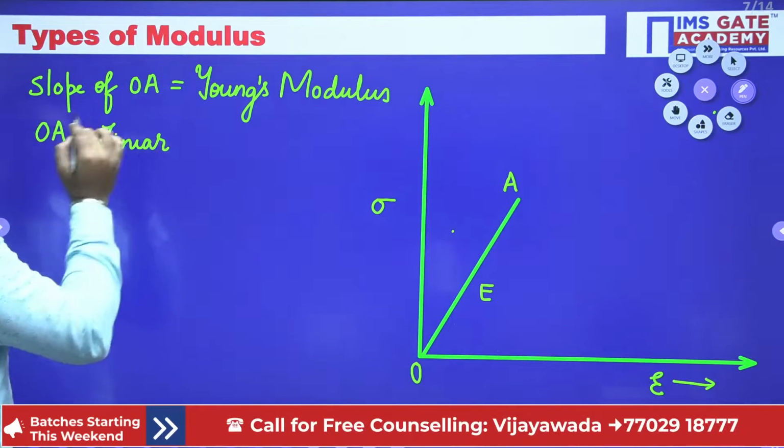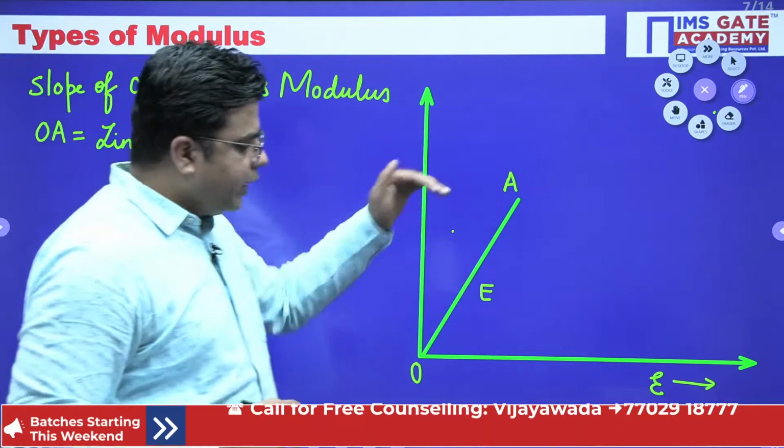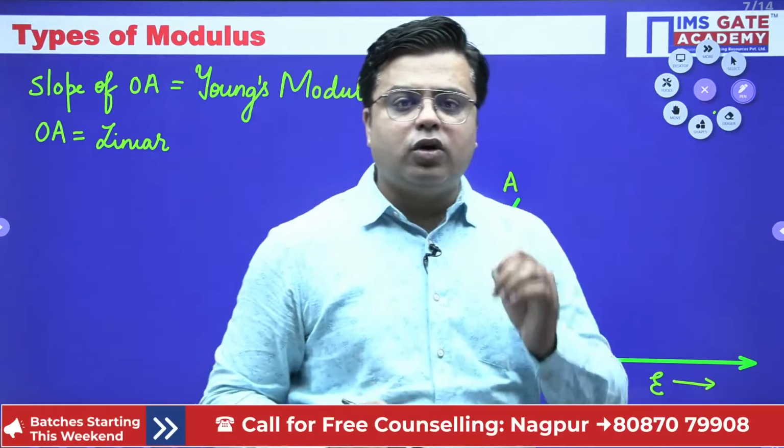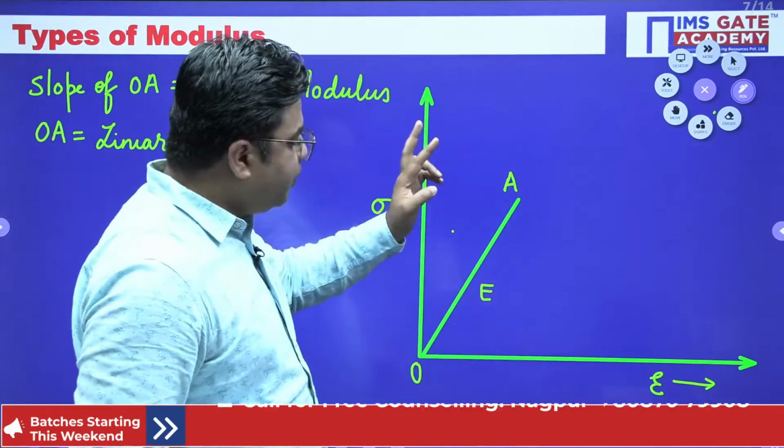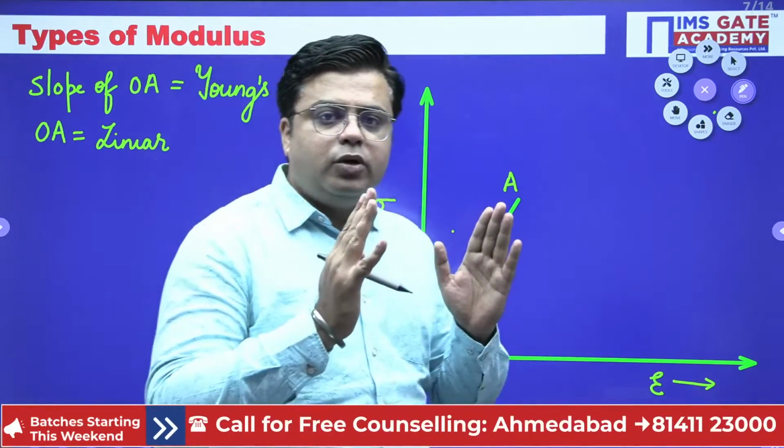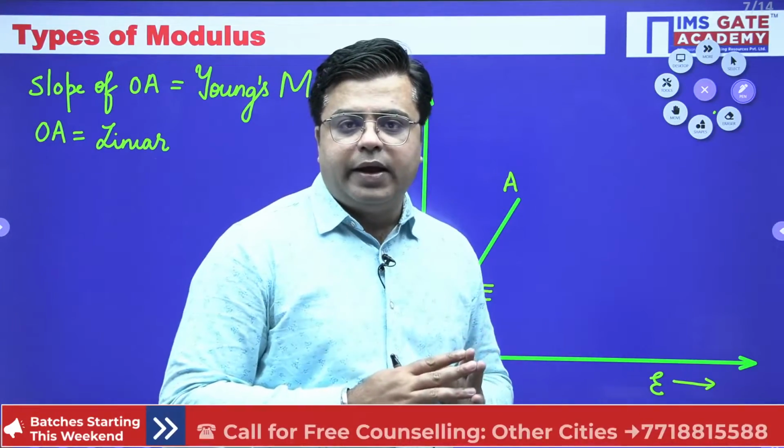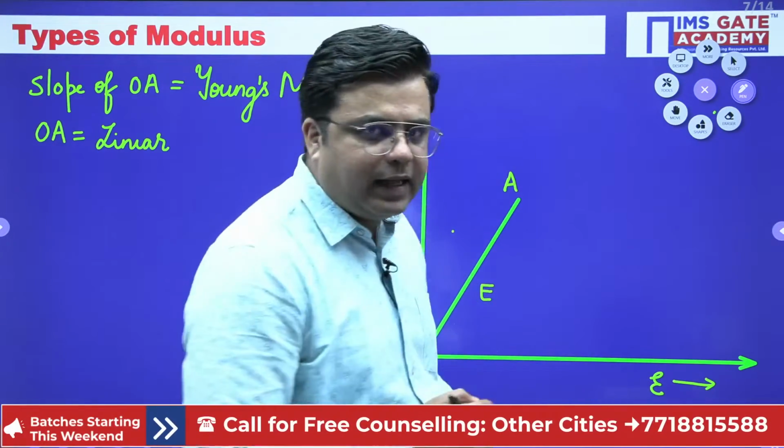A is the point till which Hooke's law is valid. Beyond point A, there will be a non-linear part of the curve, and it is still under the elastic limit.